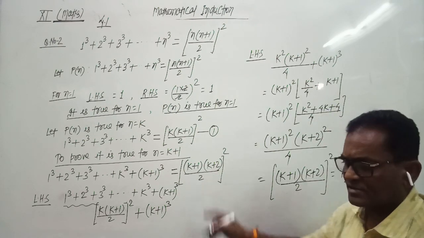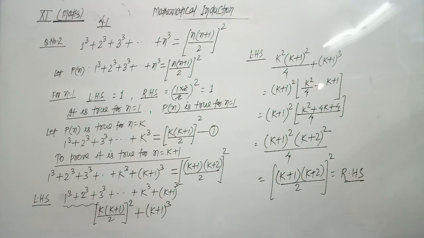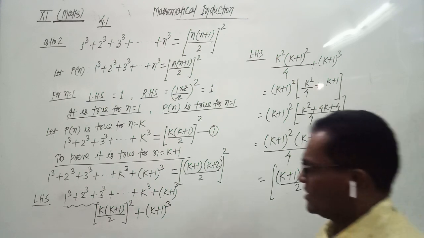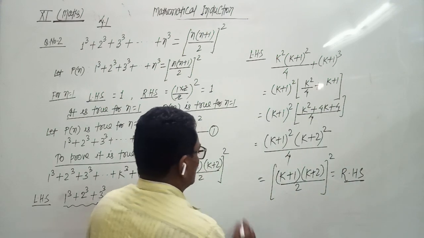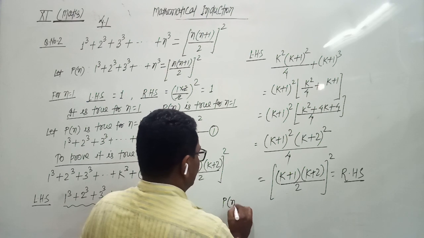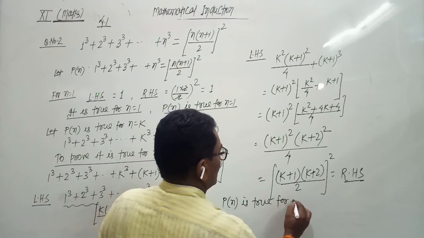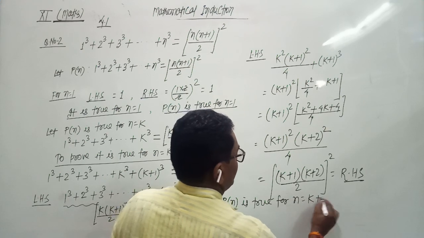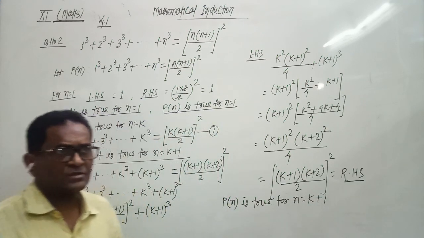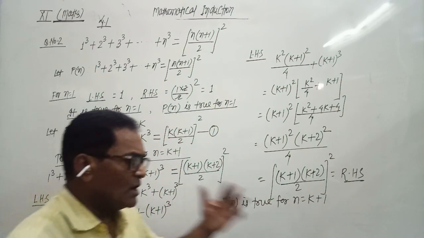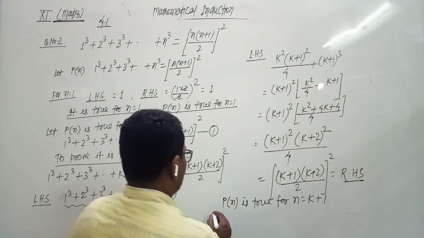So we will write that Pn is true for n equals to k plus 1, hence it will also be true for n equals to k.